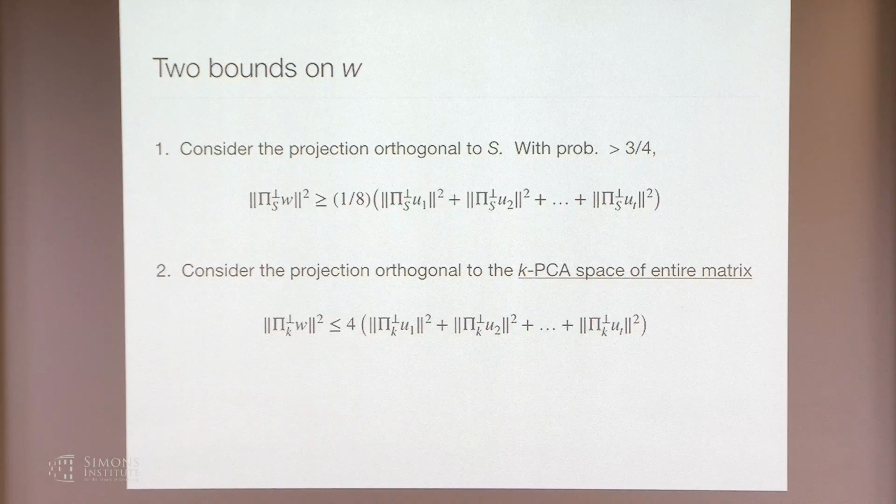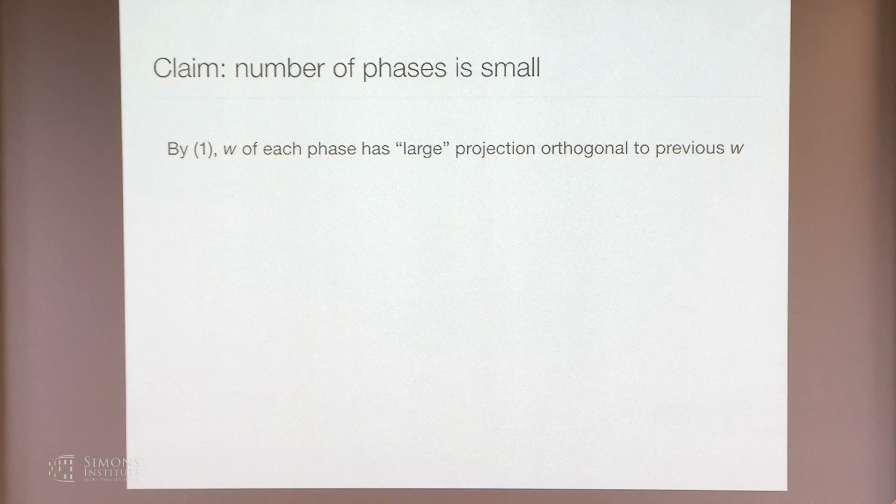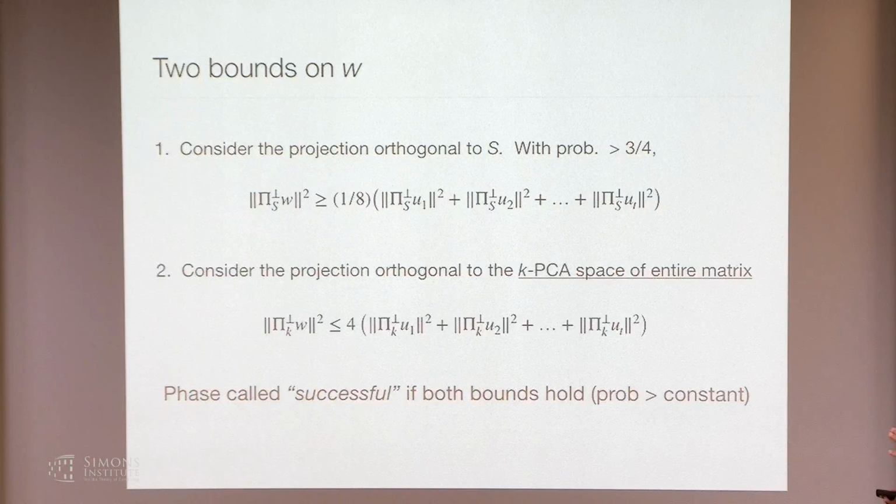I want to say that these two bounds immediately imply that the number of phases is small. One thing to note is that these bounds don't always hold. They hold with reasonable probability, more than some constant, because this one holds with 3/4 probability, and this one also holds with 3/4 probability.